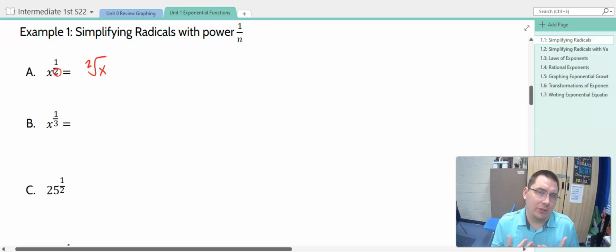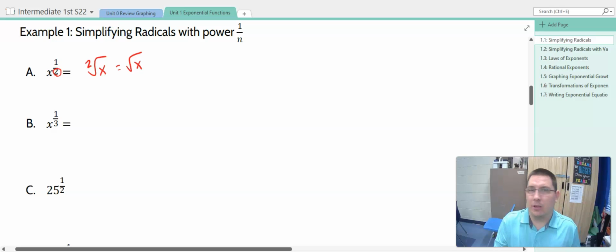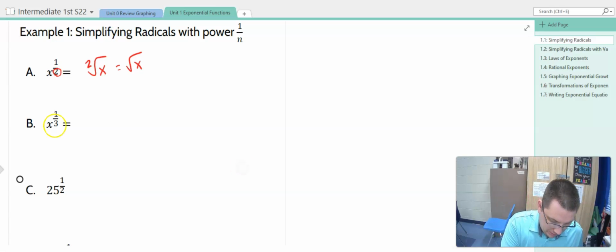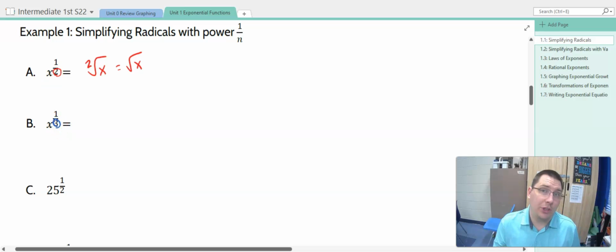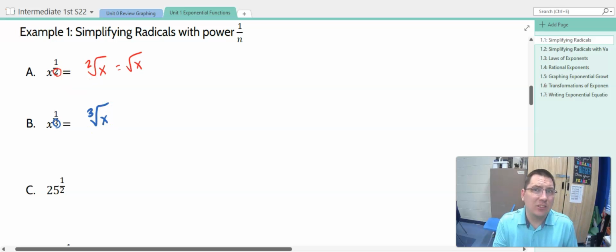But that's just a square root, so we could just write it as the square root of x like we're used to writing. But when we go to the next one and we look at x to the 1/3 power, now we have to have that 3 as the index, and we cannot lose it. It has to stay where it is. We have to write it as the cube root of x.